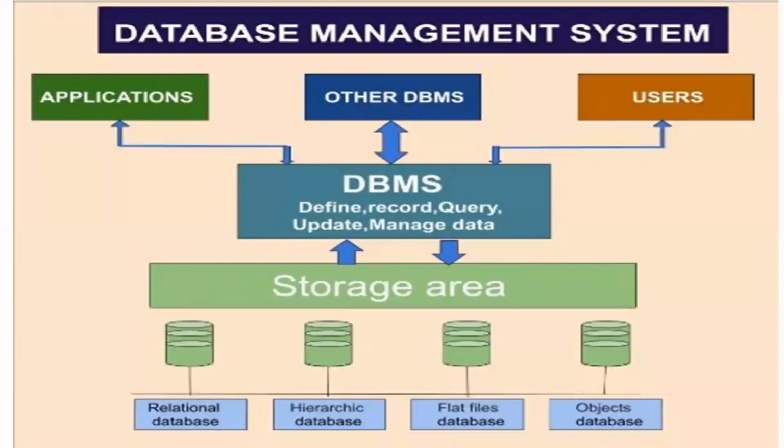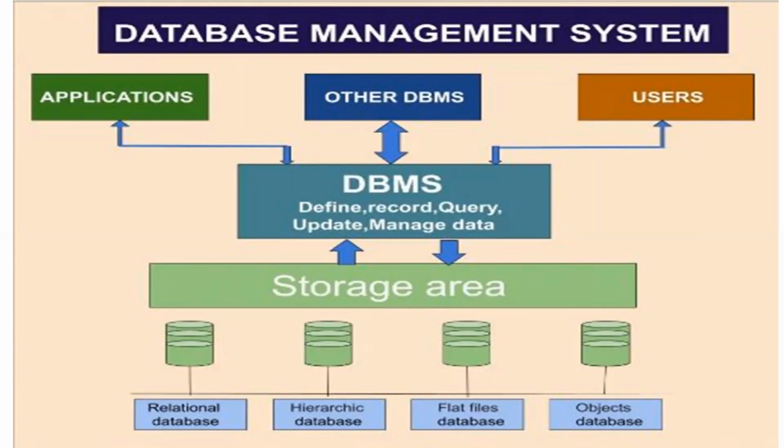If we discuss the structure of DBMS, or we can say the architecture of DBMS, basically this is the structure of DBMS. On the top of the DBMS, there are multiple users. They are DBMS users, or normal users who can access the data from the database with the help of some queries. The data stored in the DBMS are of four types.